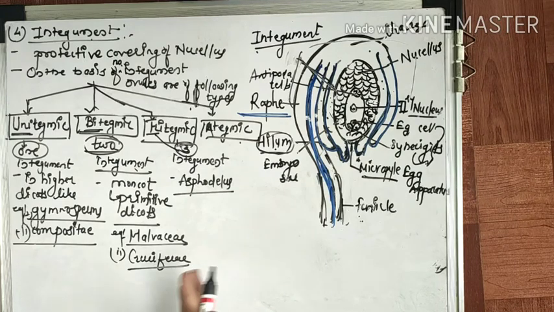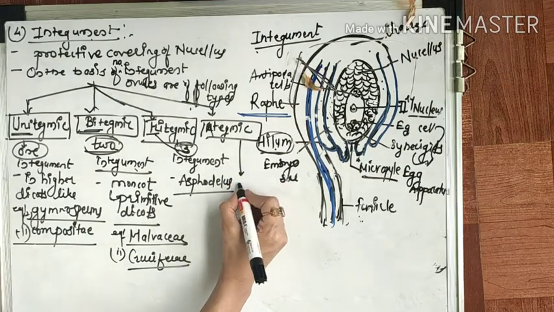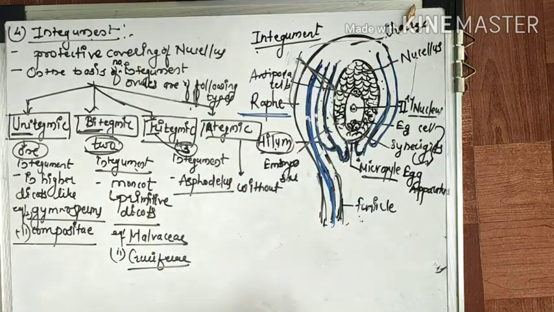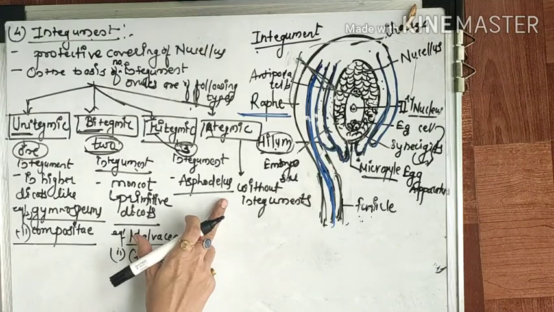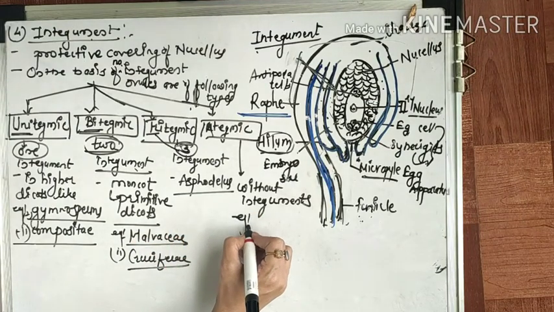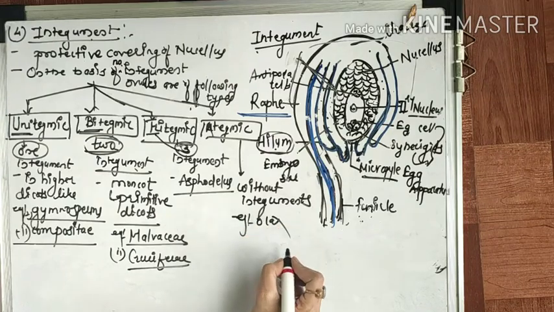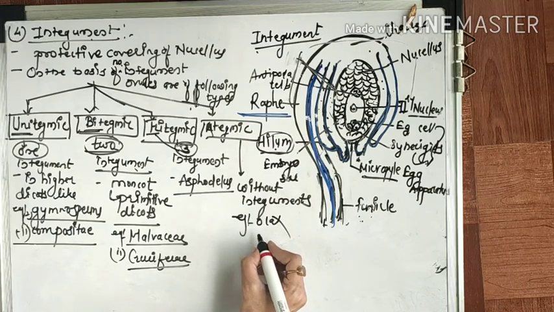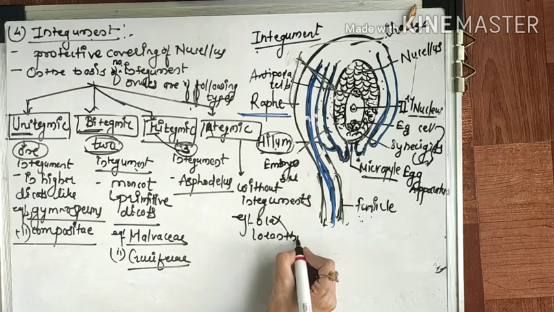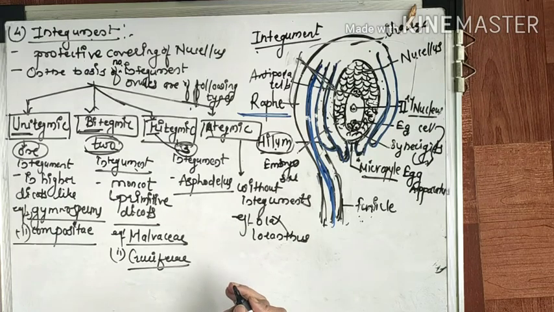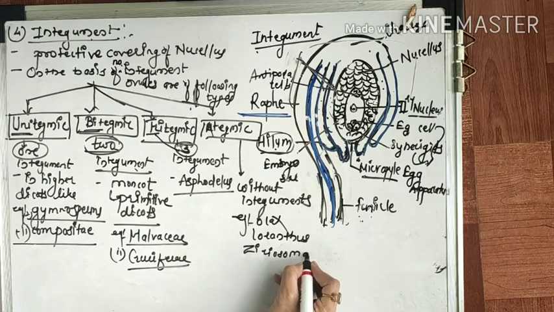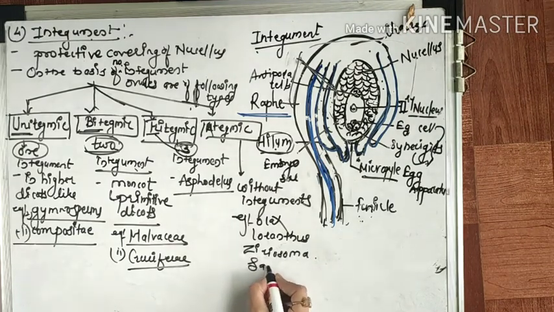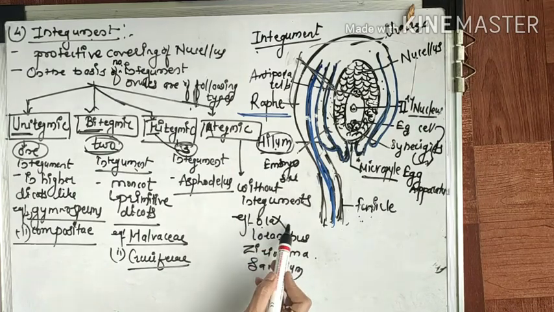Now one more type is called ategmic, meaning without any integument. This is generally seen in Olax, Loranthus, Xerosoma and Santalum.